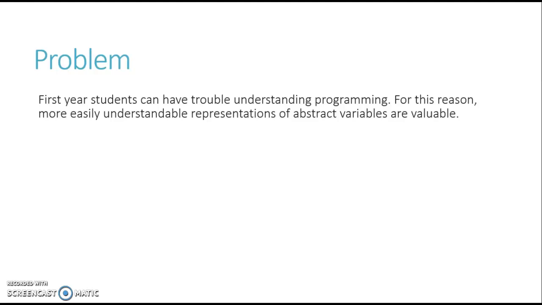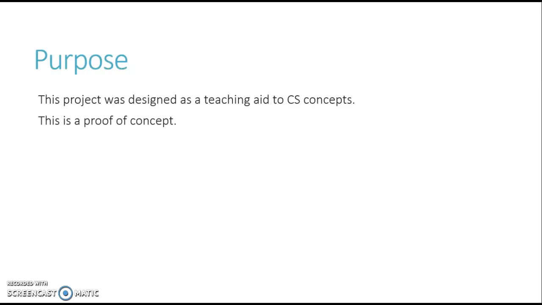In addition to visual learning, novelty itself also plays a factor. People like to be interested in what they're doing. So for this reason, I thought something easier to understand, a representation of abstract variables that has value, would help, which leads to this project.